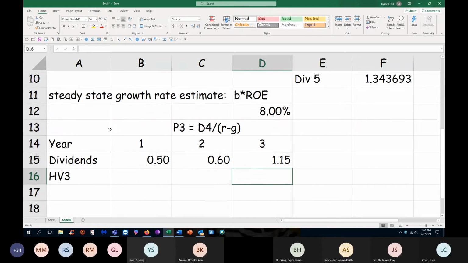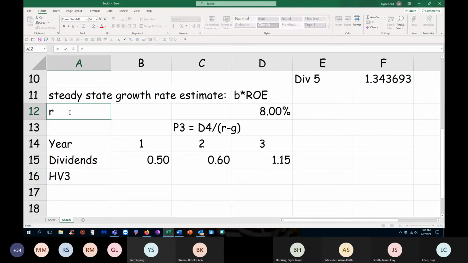Okay, let's assume for what we're doing today, an R of 10%. Okay, and our G is 8%.